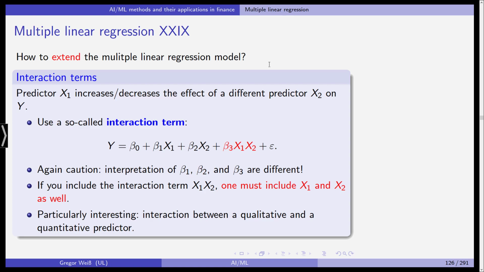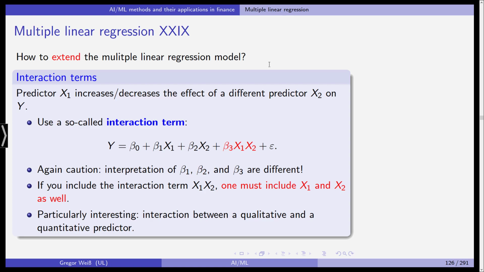So we set up our regression model. Response equals intercept plus slope 1 times x1 plus slope 2 times x2 plus a coefficient, that's the interaction term beta 3, times the product of x1 and x2. This is how you can do it with an interaction term.